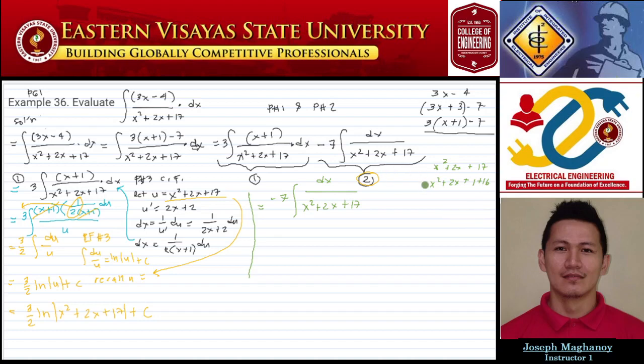So we can factor out x squared plus 2x plus 1 using our expansion formula, a squared plus 2ab plus b squared, which is equal to a plus b squared. So we can have our x plus 1 squared plus 16.